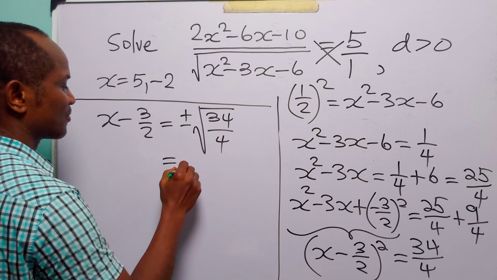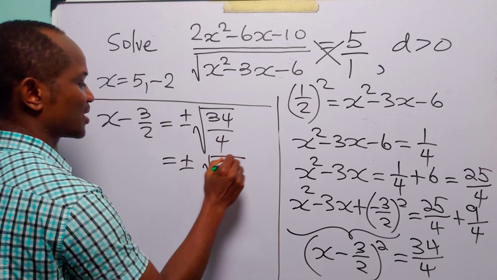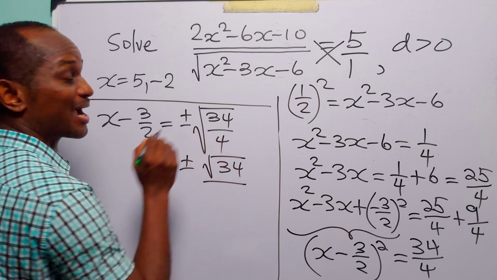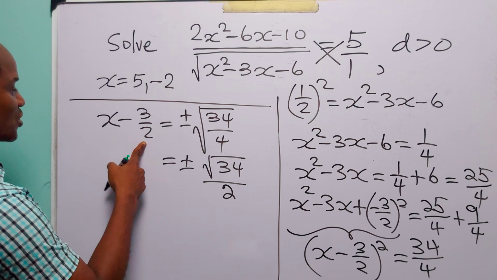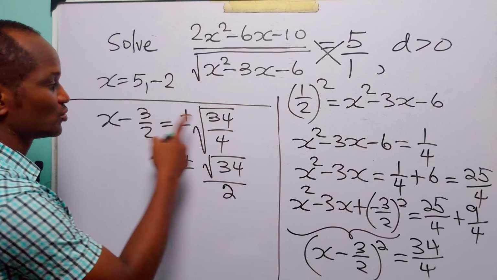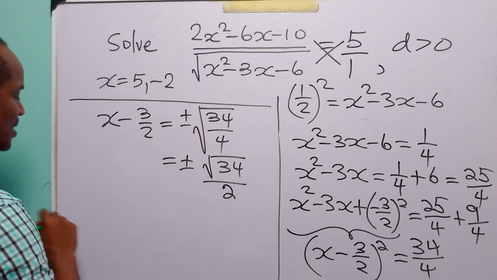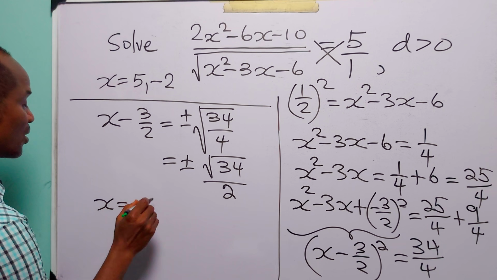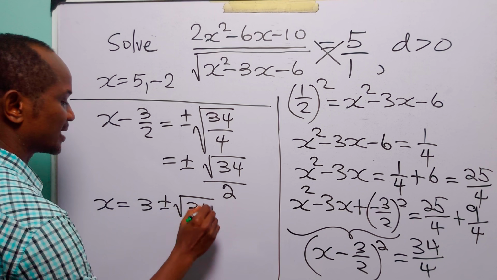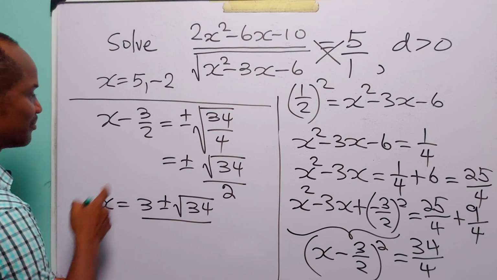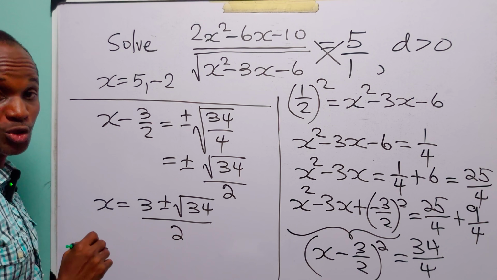Now, of course, this is equal to plus or minus the square root of 34 divided by the square root of 4, which is equal to 2. And when we add 3 over 2 to both sides of this equation, we have that x is equal to 3 plus or minus root 34 divided by 2.